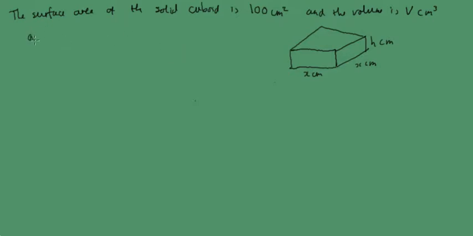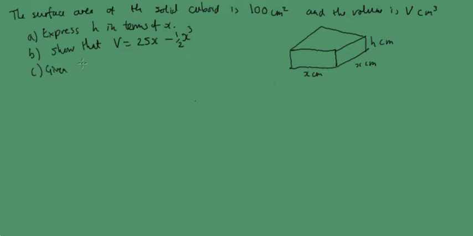So, firstly, A. Express h in terms of x. B. Show that the volume is given by 25x minus a half x cubed. C. Given that x can vary, find the stationary point, I'm sorry, it's SP for stationary point.